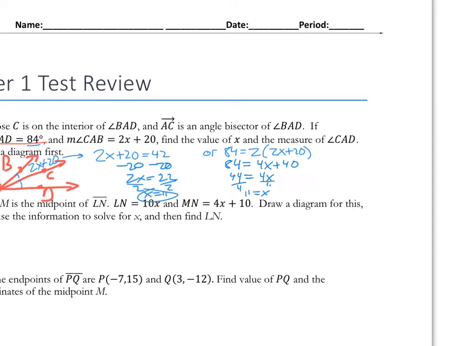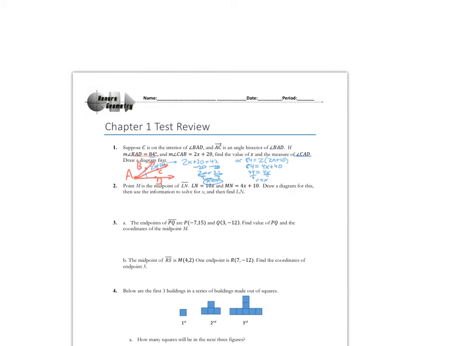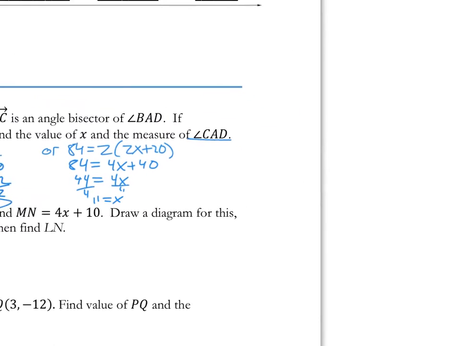Great. Now, we want to find the measure of CAD. That's our ultimate goal. So CAD, well, that's just the other angle here, right? So CAD, that wasn't given to us, but we know that that's an angle bisector, so these two are the same. So we can plug in 11 to that expression, 2x plus 20.